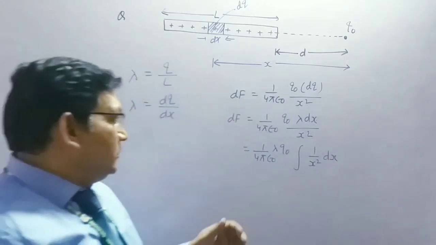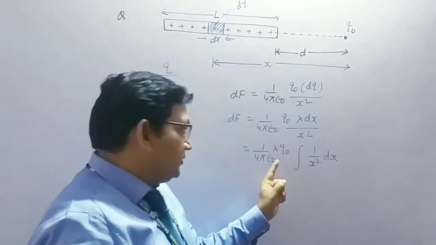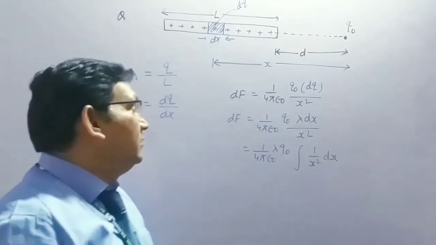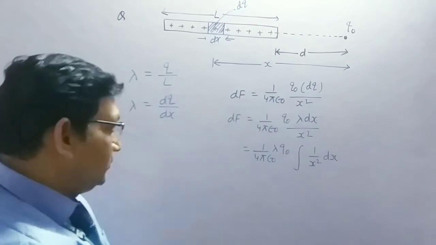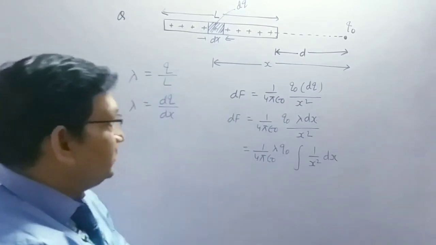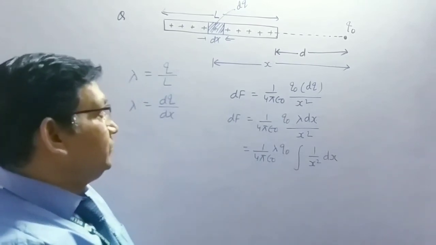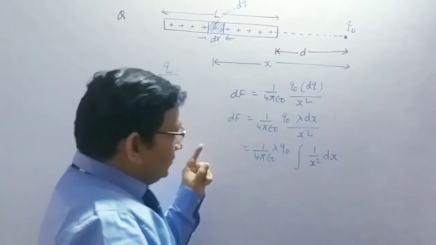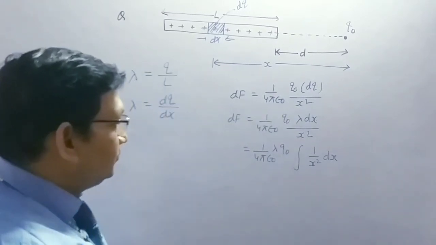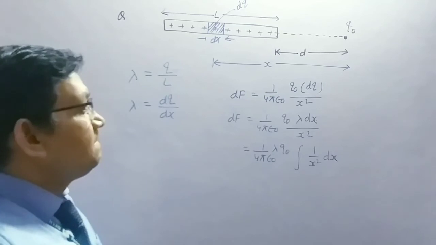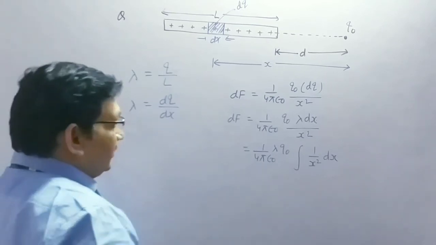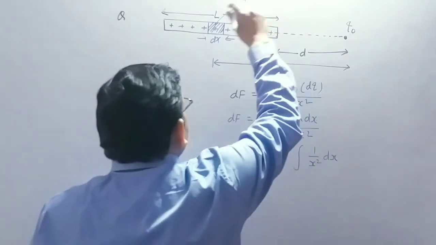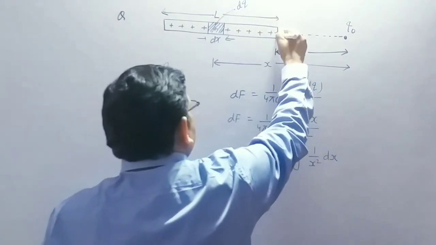Now students, think about the limits you will take here so that you can cover the entire rod. Just think on it for a few minutes and then solve. Suppose this element is here.